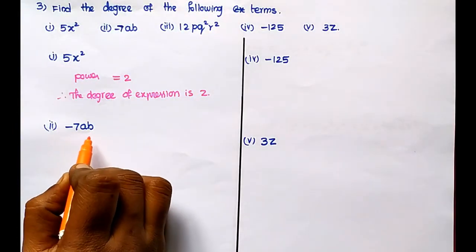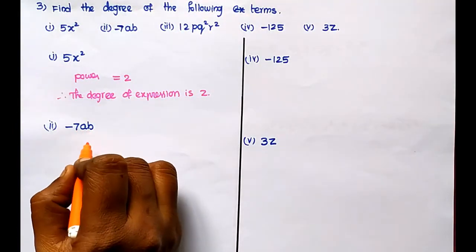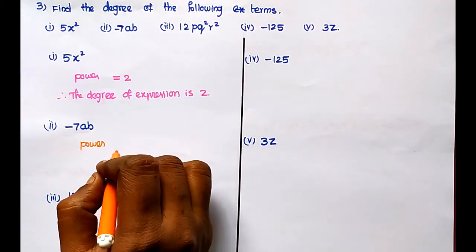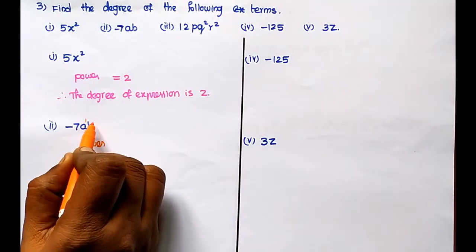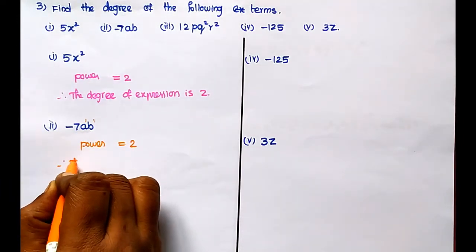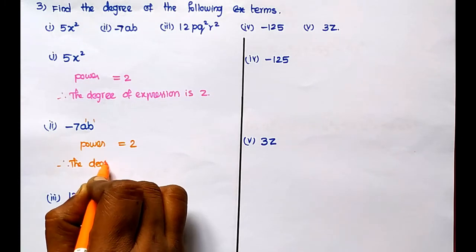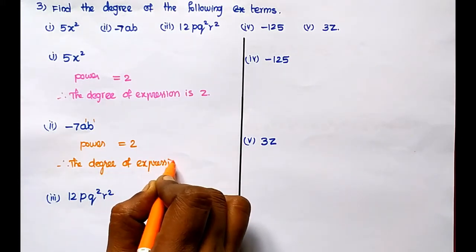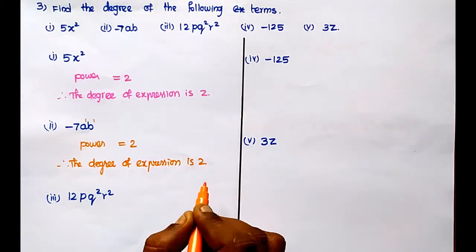Next one, minus 7ab. Listen, here the power is the sum of the powers, here 1, here 1. So, 1 plus 1, 2. Therefore, the degree of the expression is 2.